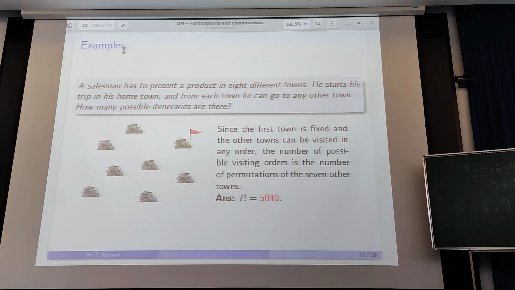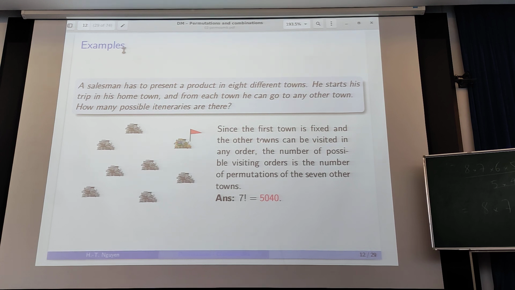Okay? So if you order the towns in the order of visit, then each trip will correspond to a permutation. For example, this one here, if we number the towns 1, 2, 3, 4, 5, 6, 7, then this trip corresponds to the permutation 1, 2, 3, 4, 5, 6, 7. Okay? And if you go like this, then it's 1, 2, 3, 4, 5, 7, 6, and so on.